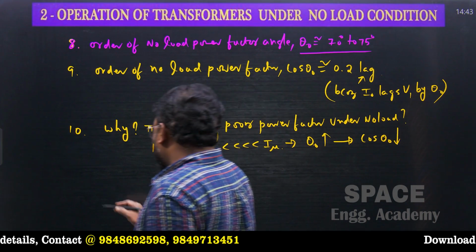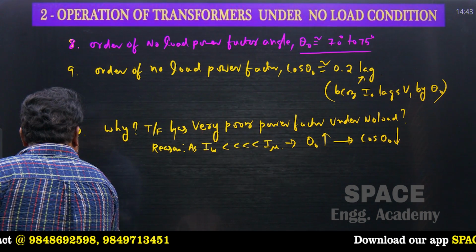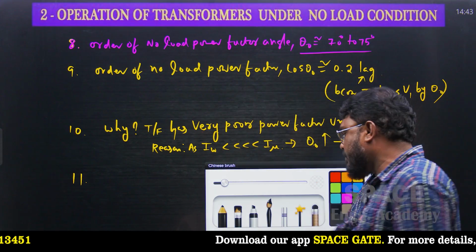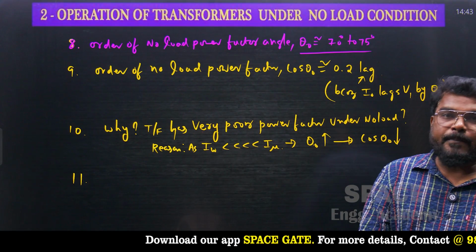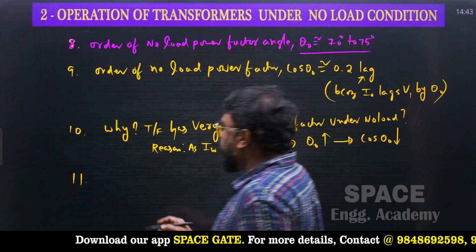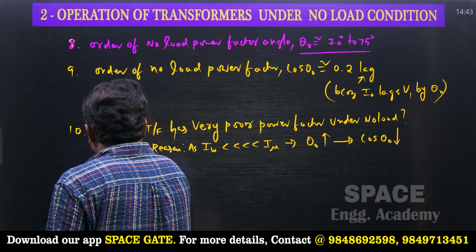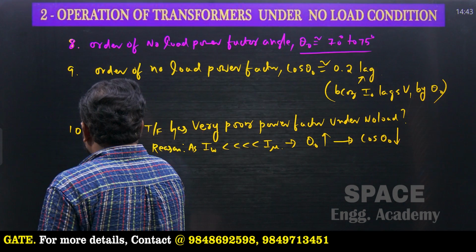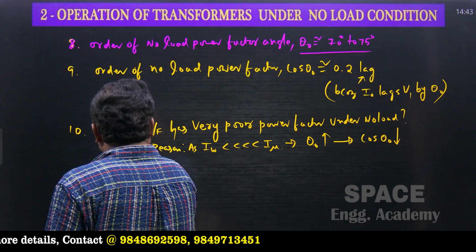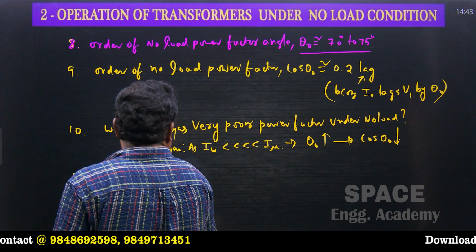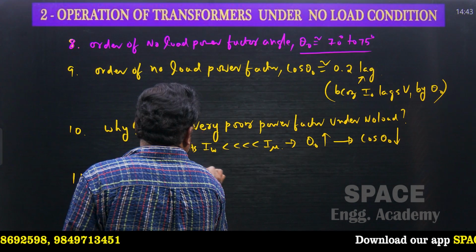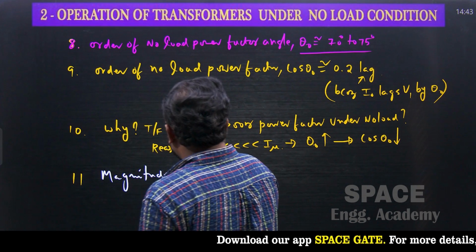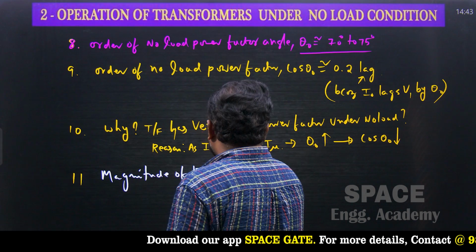And next, one more possible question, that is the 11th point. The 11th observation or key point in this topic is the vector sum. We know the no load current. Sometimes we have a question on the magnitude of the iron loss component of the current and the magnetizing component of current.